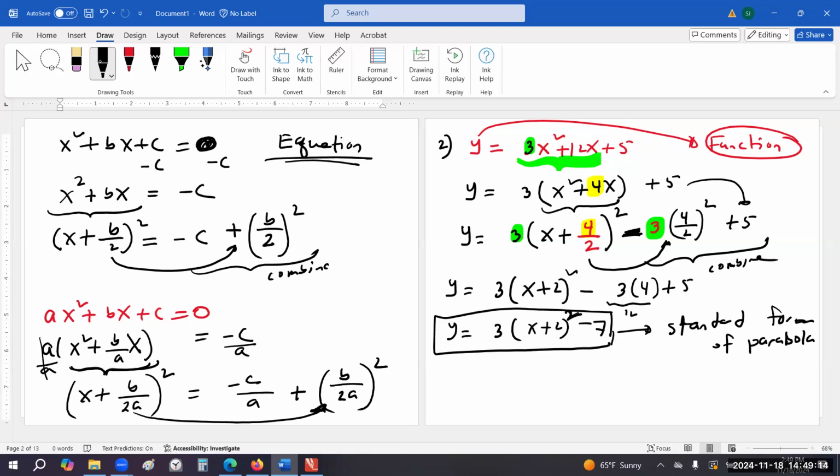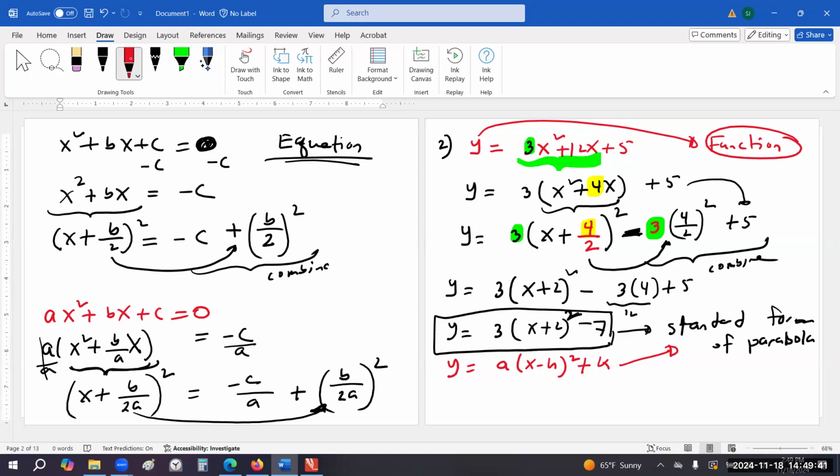Now it says write in standard form and then identify the vertex. Before finding the vertex, let me write the general standard form. The general standard form is y equals a times x minus h squared plus k.